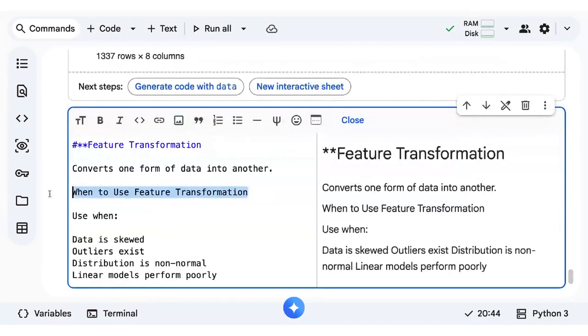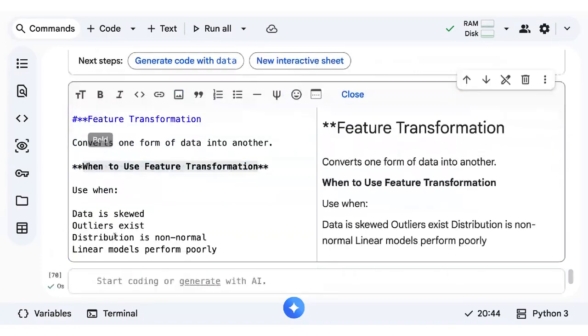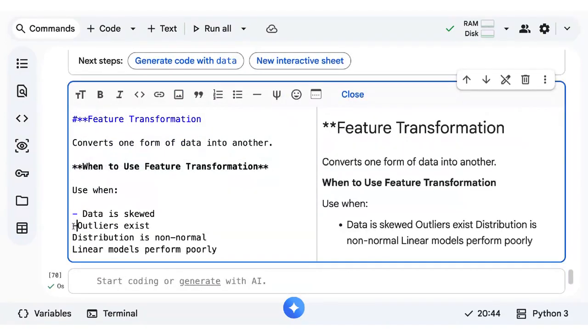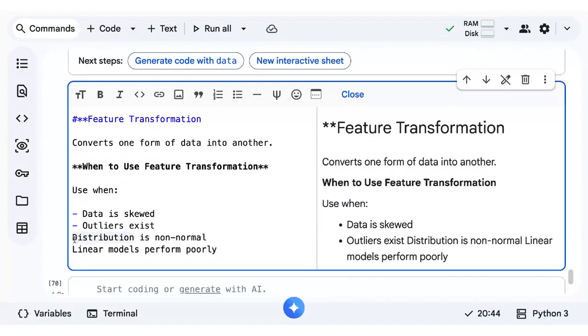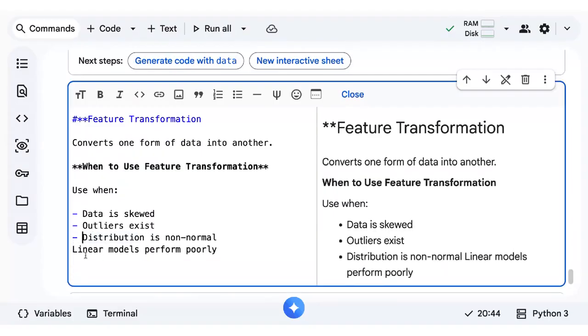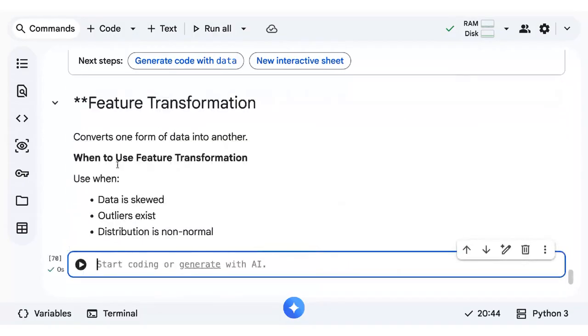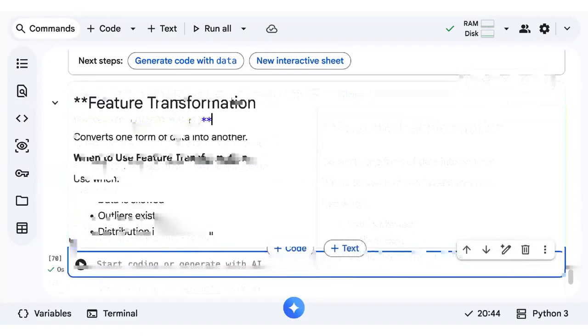So when to use feature transformation? Use it whenever your data is skewed, outliers exist, and the distribution is non-normal, since linear models will usually perform poorly, so we use it. When it comes to feature transformation, we have different methods.